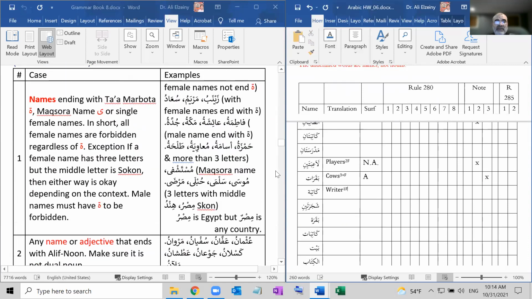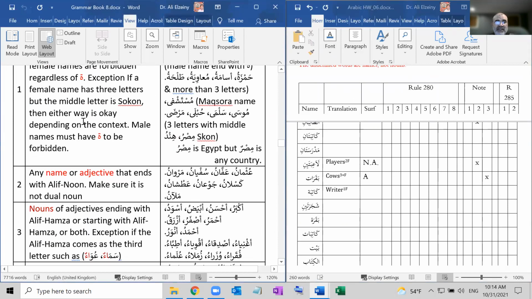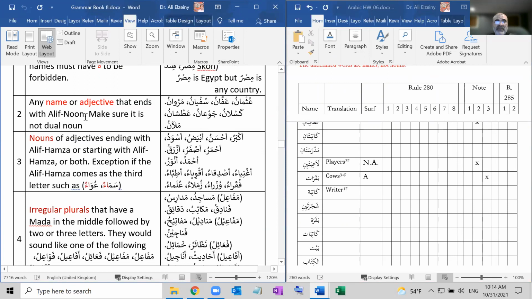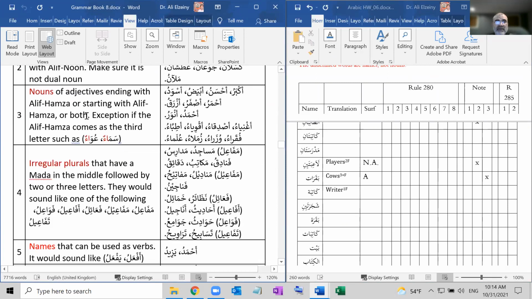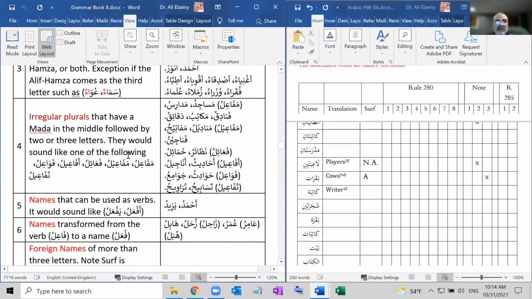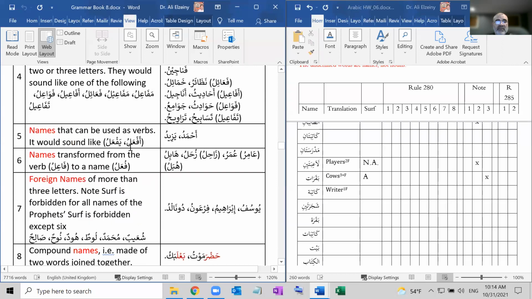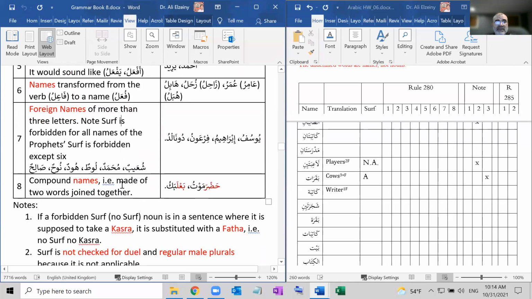And most of this table applies to names. So case number 1 doesn't apply because it's not a name. Case number 2 doesn't end with alif nun. Case number 3 doesn't end or start with alif hamza. Case number 4, it's not an irregular plural. Case number 5 is not a name. Case number 6 is not a name. Case number 7, it's not a female, it's not a name. Case number 8 is not a name.